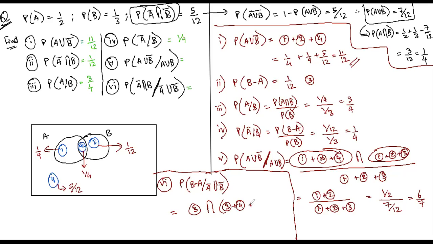Not B will be region 1 plus 4. You do not write 4 again because union means you only consider it once. So what is common between these two? Region 3. And the denominator is 1 plus 3 plus 4.